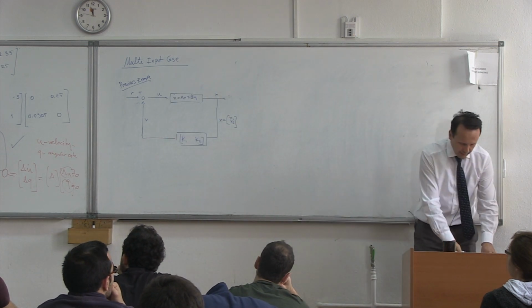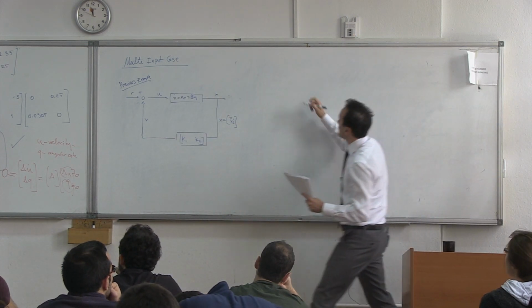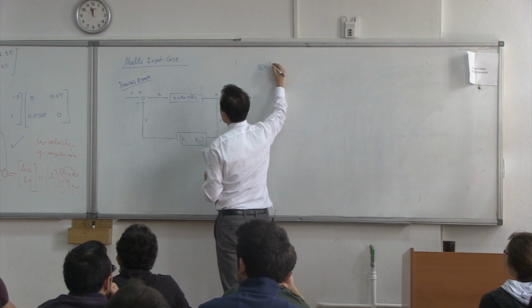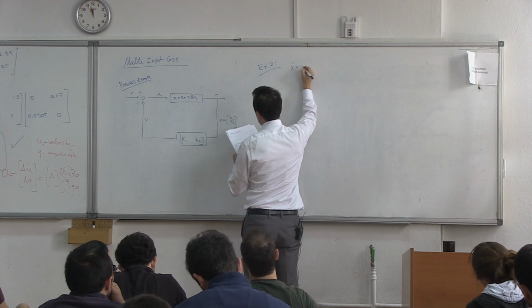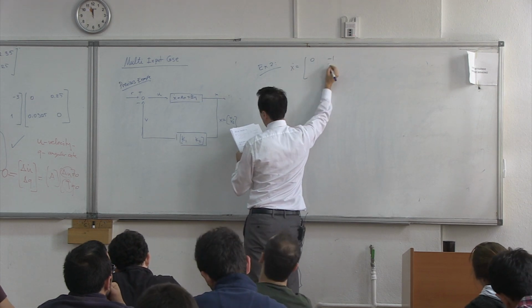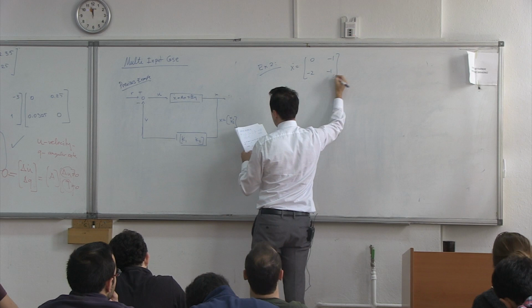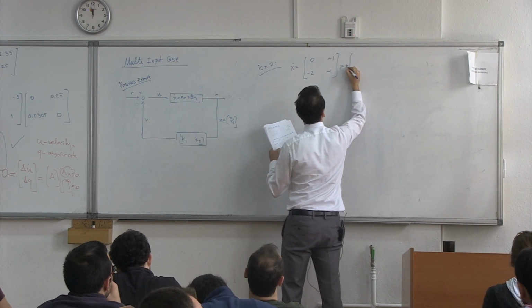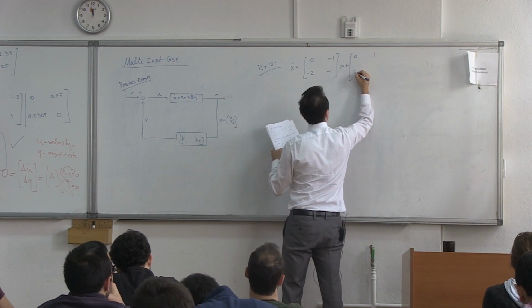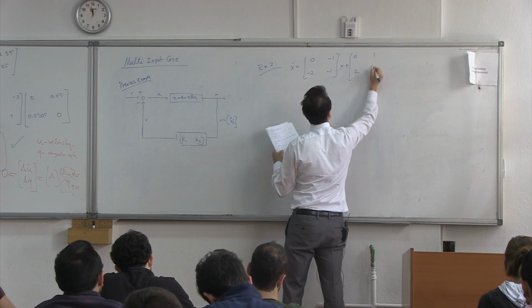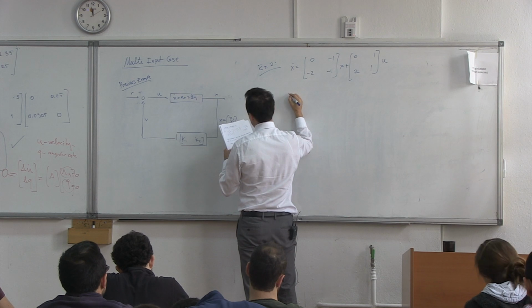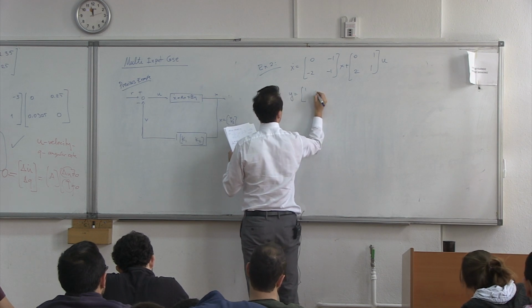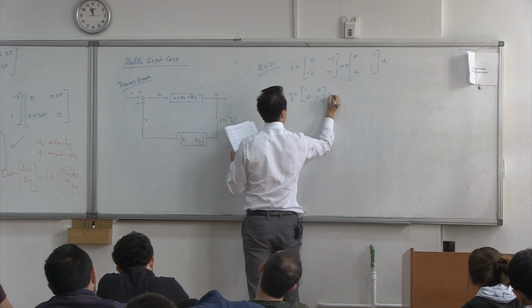Now, if the system becomes a multi-input case, example 2, let's say, let's make it a multi-input case: A equals [0, -1; -2, -1], x plus B equals [0, 1; 2, 1] times u. And let's say y is [1, 0, 1] x.